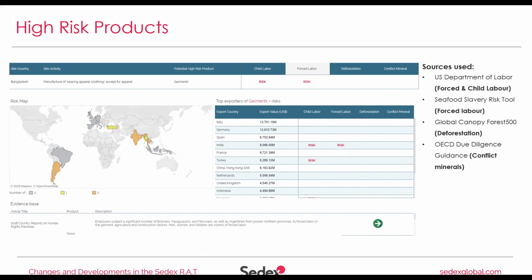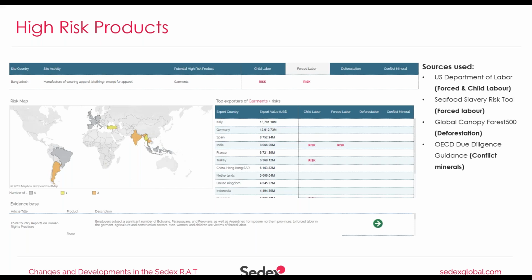The next set of reports are not necessarily looking at a supply chain or a particular site, but will use the information available about particular key risks. These will be related to child labour, forced labour, deforestation or conflict minerals.